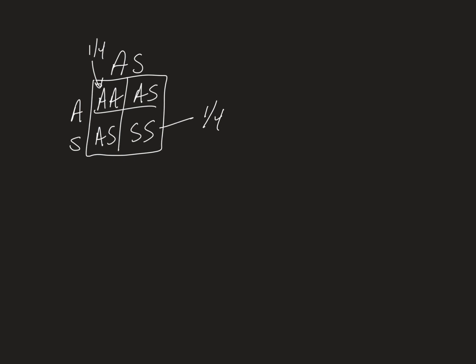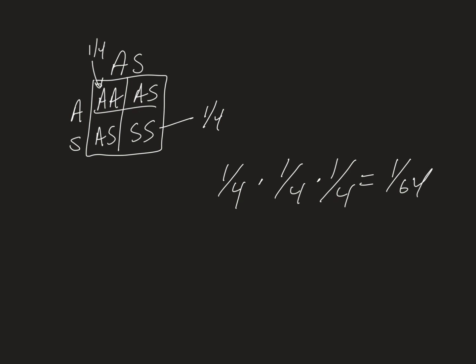So one of the questions they ask is, what are the chances that these parents will have 3 children who are homozygous for normal red blood cells? Well, it would be 1/4 times 1/4 times 1/4. So everybody see that? 1/64. Is everybody okay with that?